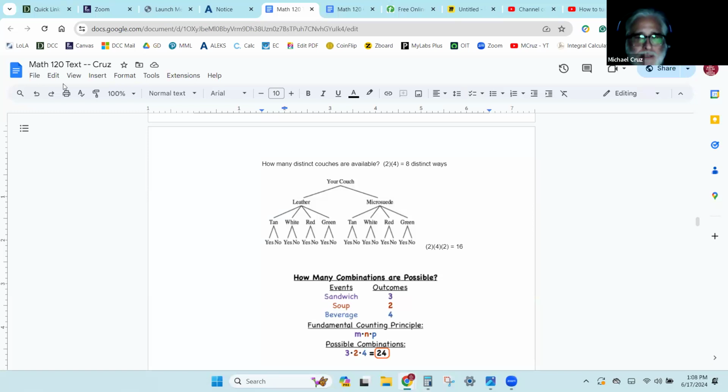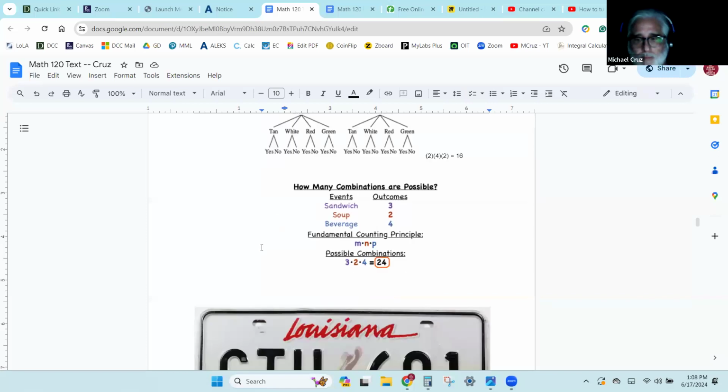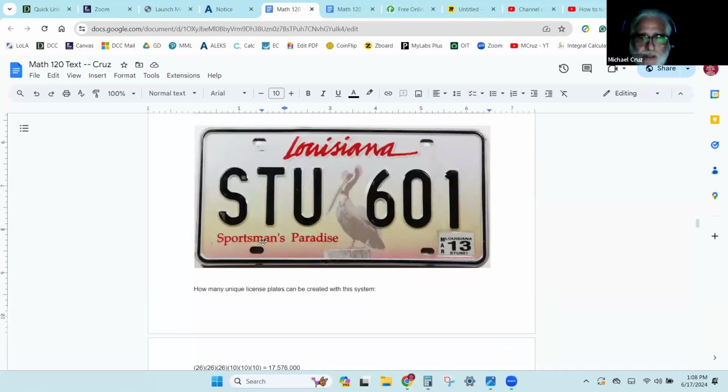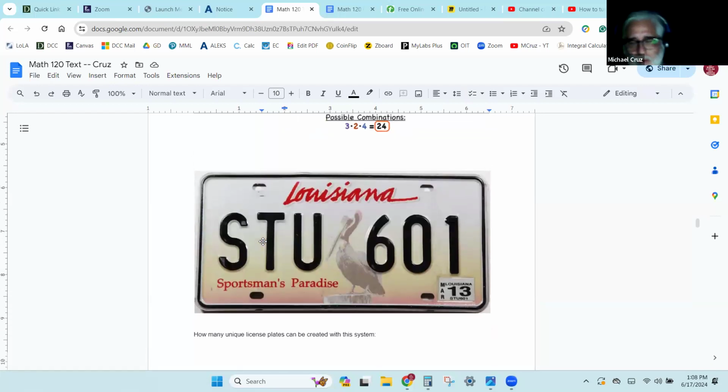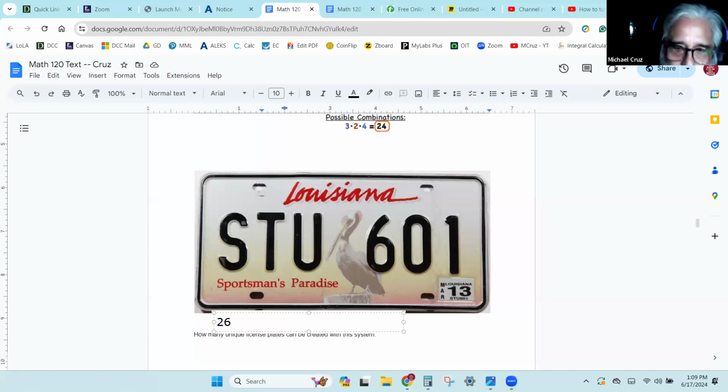Okay. So that's how this counting principle works. You can also use it for things like license plates. This is more or less what Louisiana uses. You've got 3 letters and 3 numbers. Now, what I might try to do here is just put underneath: there are 26 letters, right? 26 letters.